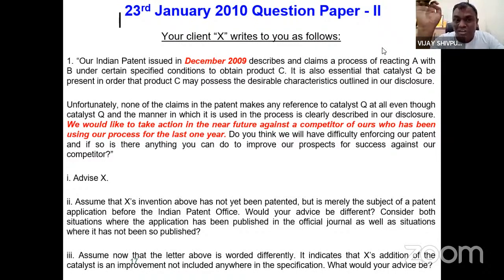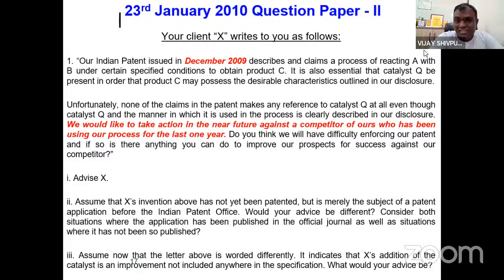A competitor of ours has been using our process for the last 1 year, that is January 2009 onwards, presuming the January 2010 question paper. Do you think we will have difficulty enforcing the patent? And if so, is there anything you can do to improve our prospects for success against the competitor?